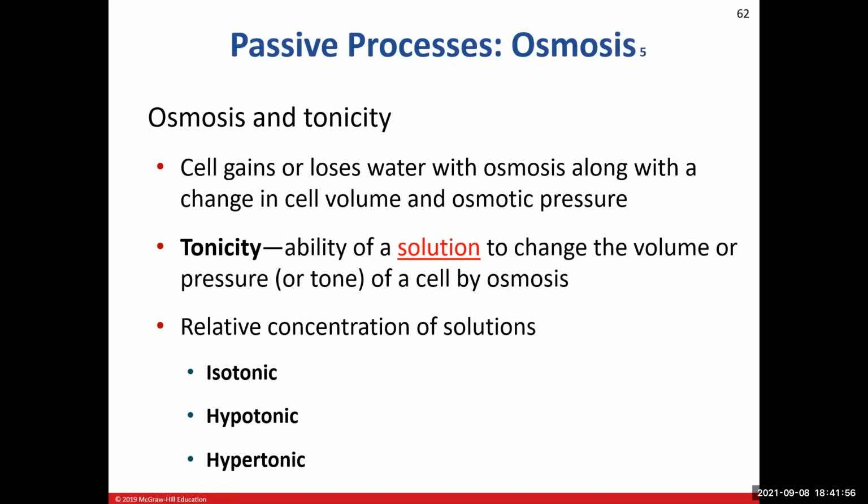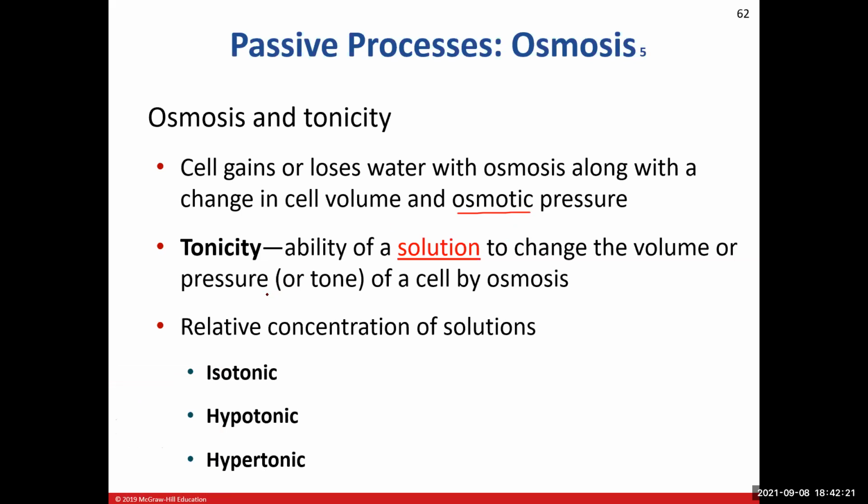If water leaves the cell, it's going to decrease the cell volume. Obviously, if we're increasing the cell volume, we'll increase the osmotic pressure, because remember, the movement of water is going to exert pressure. So increase cell volume, increase osmotic pressure. Decrease cell volume, decrease osmotic pressure.